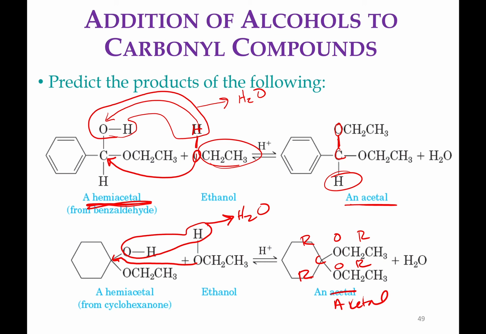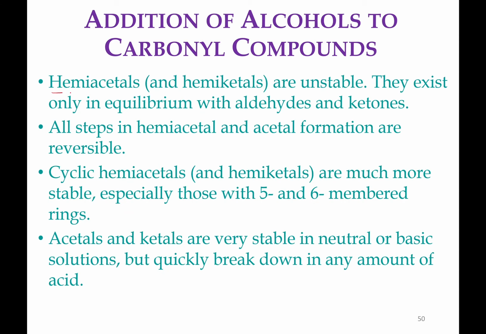So remember, hemis are unstable. So hemiacetals and hemiketals are both unstable. They only exist when we're in equilibrium with the acetals and ketals. All steps are reversible, so that's important because your body is going to be doing these. And cyclic hemiacetals and hemiketals are much more stable, especially those with 5 and 6 membered rings because they don't have as much strain as, say, like a 3 or 4 membered ring.